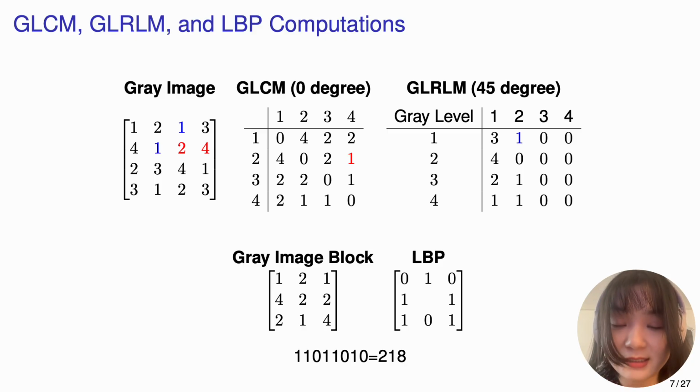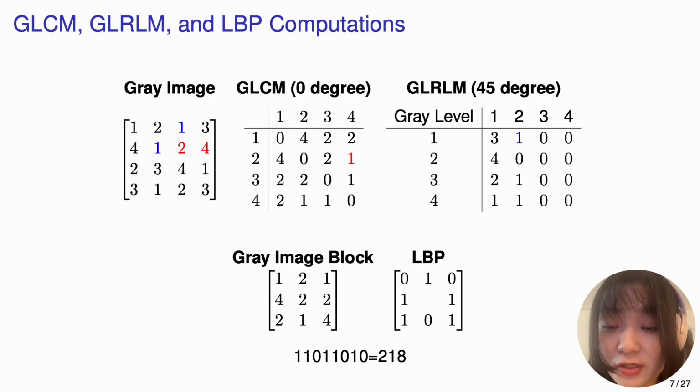So it's symmetric. And the run length matrix is simpler. For example, we define 45 degrees, a diagonal run, and we found there is only one run, shown in the blue line, of length 2, and it's for intensity 1. So in the first row, for intensity 1, and the second length, we put 1 at (1,2).